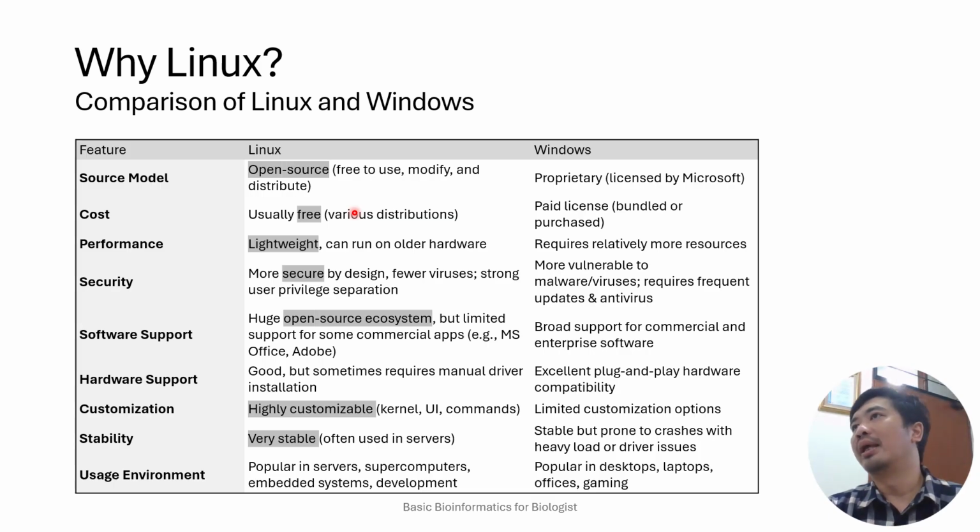Not from a company like Windows. The support there is from a company, so you have to pay. This is from the academic community and the computer scientist community, and they are very stable.